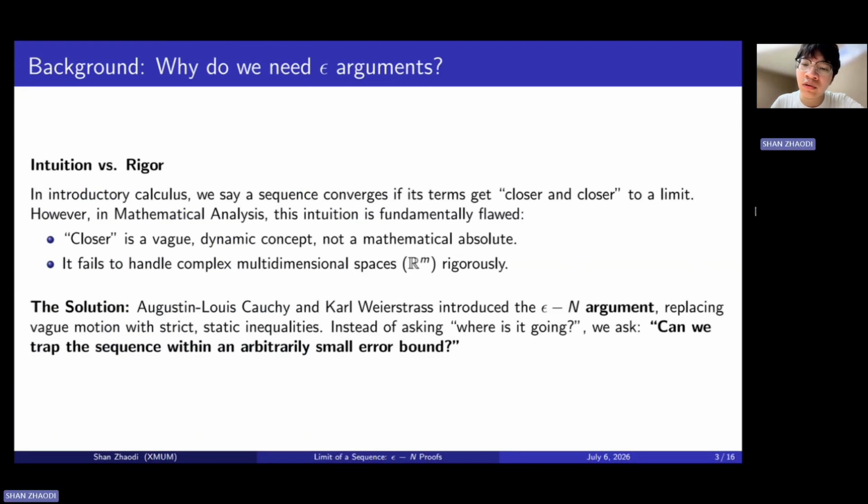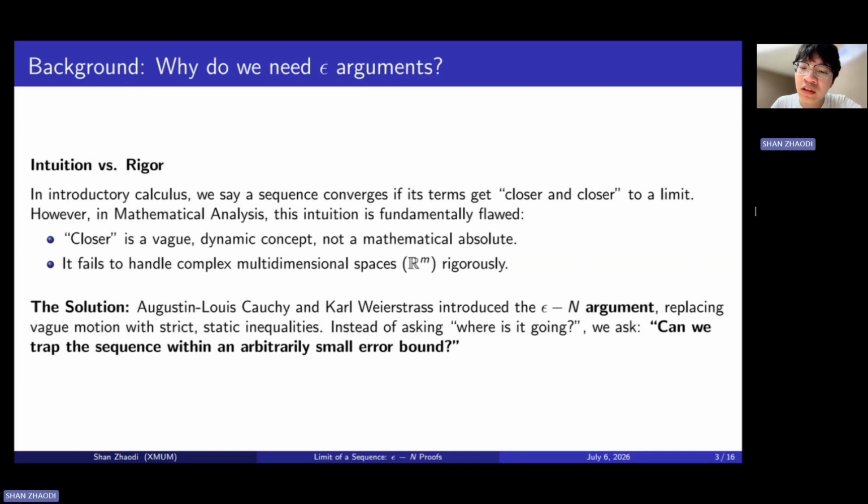Let's start with the background. In calculus, we are often told that a sequence converges if its terms get closer and closer to a limit. But in mathematical analysis, this intuition is fundamentally insufficient.